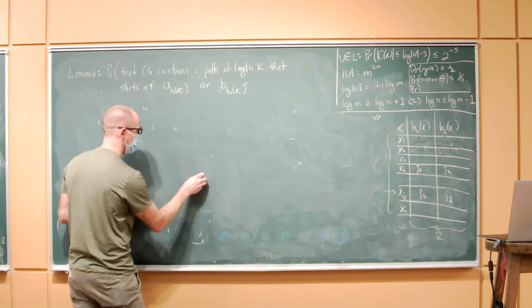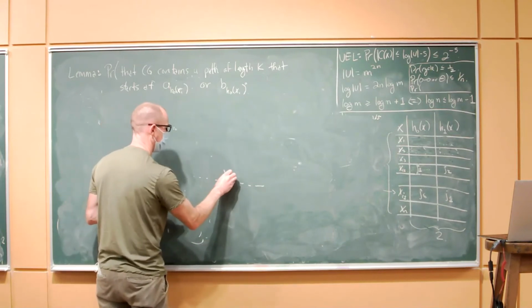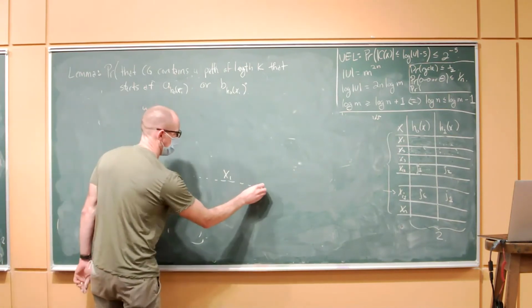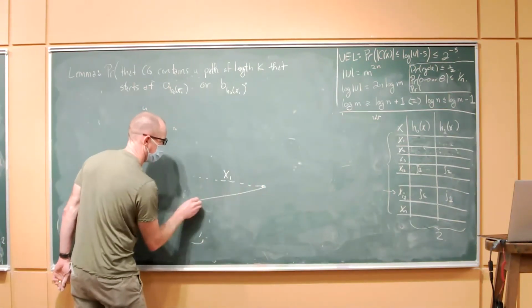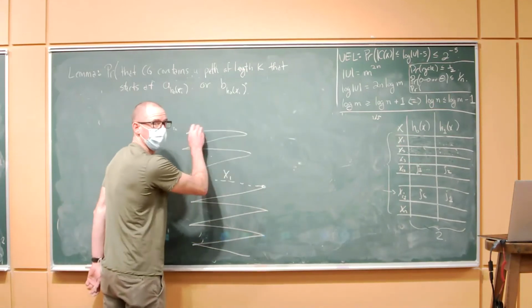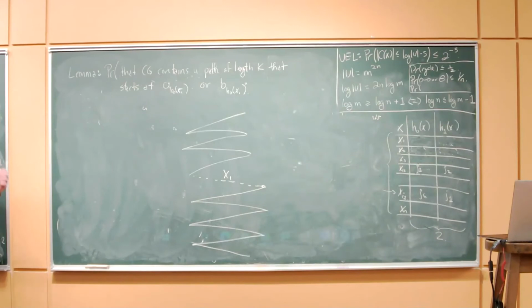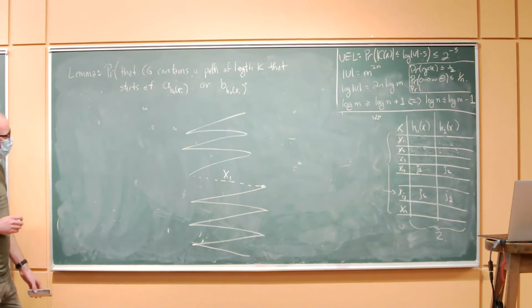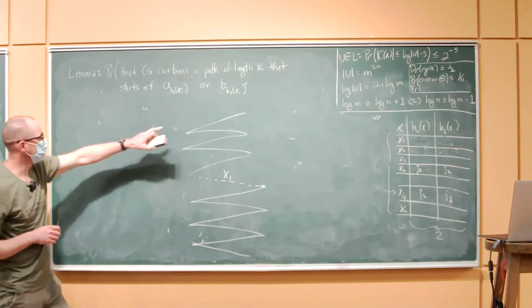So I'm focusing on a particular xi here, and I'm worried about a long path that starts over here or a long path that starts over here. Those are the things that concern me. And a path of length k.